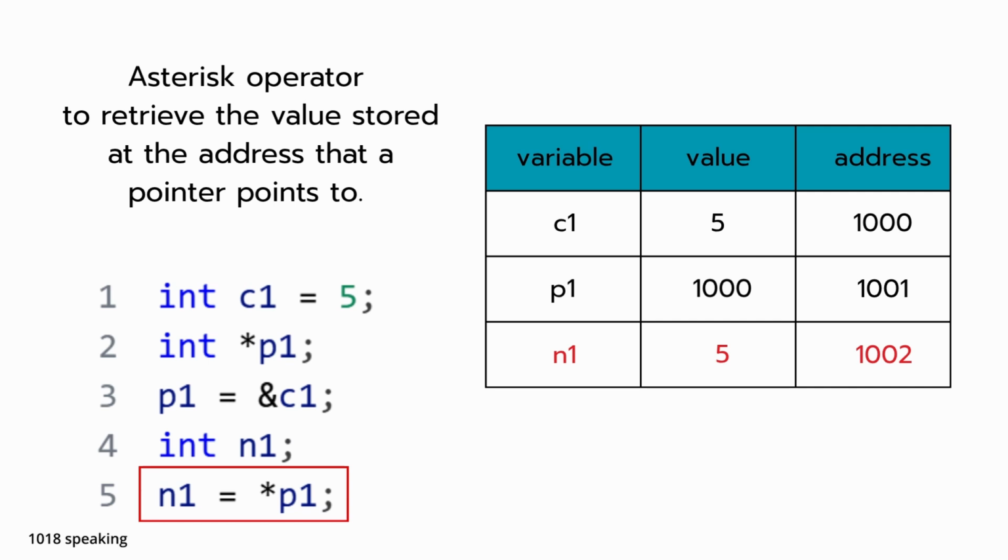In this case, N1 will receive the value 5 because P1 points to C1 and C1 is 5. It's important to remember that the value received must be of the same type as the variable the pointer points to. Is this only guaranteed if the pointer was correctly assigned?